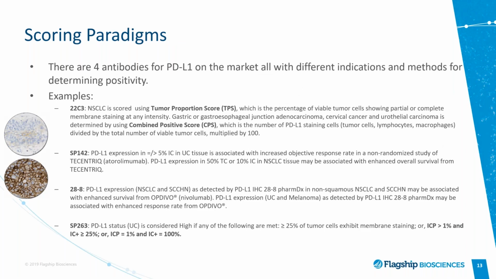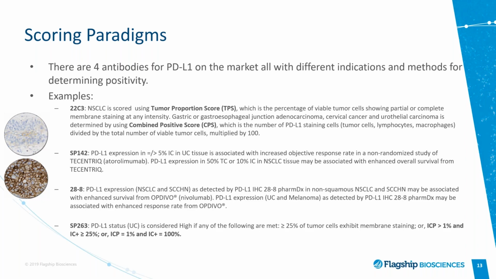I'm not going to go into detail on this slide, but it's here for your information. Basically, I want to illustrate the point that there are at least 4 antibodies for PD-L1 on the market with different indications and methods for determining positive or negative status, or low or high status. 22C3, SP142, 28-8, and SP263.